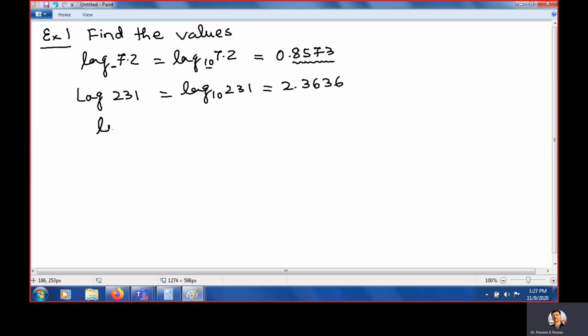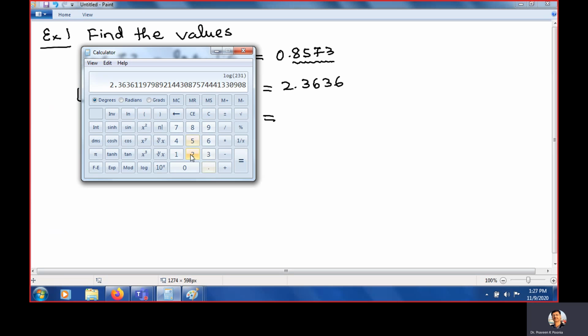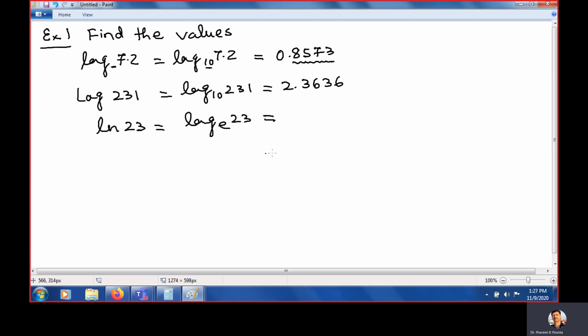Similarly, if I want to calculate the value of ln 23, what is the meaning of ln 23? ln 23 means log 23 base E. That means we type 23 here and then press ln. The answer is 3.1354. So this is how we calculate the value using base 10 and base E.